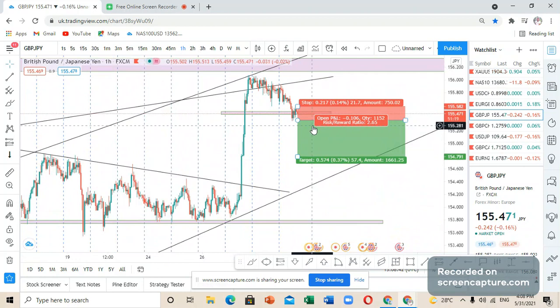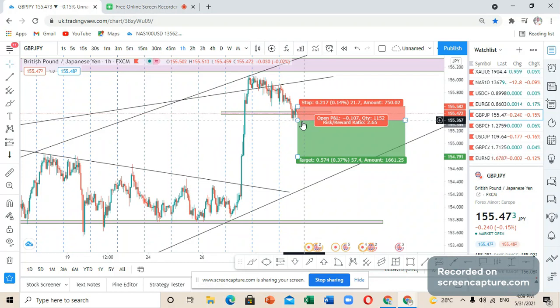That's why my position is a short position. I'm just waiting for a confirmation till the market moves up to this position. I'm currently not getting into that trade, so I'm waiting for a candlestick confirmation for the market to confirm to me that they are surely moving to the downside, and I will be risking a total amount of 217 pips to get a total reward of 574 pips.